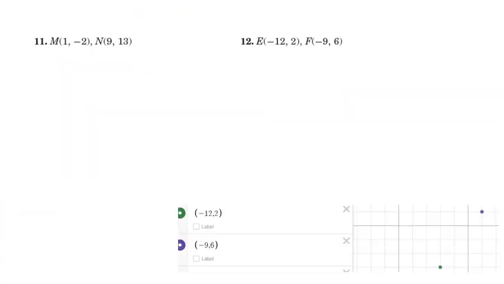All right. So number 11, we're going to do pure distance formula, and number 12, we're just going to use Pythagorean theorem. Okay, so we can make sure we have an example of both. So again, x1, y1, x2, y2.